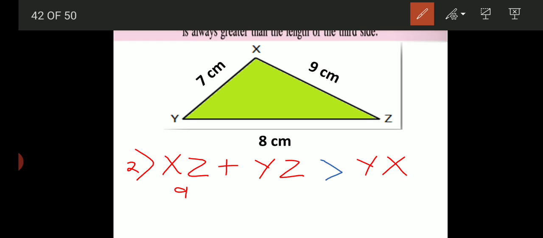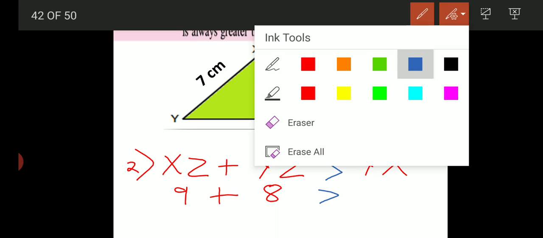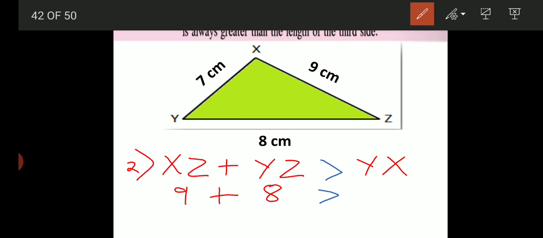XZ is 9 plus YZ is 8, which has to be greater than YX, which is what? 7. So 9 plus 8 will give you what, children? It gives you the value 17, which is again greater than this value 7.